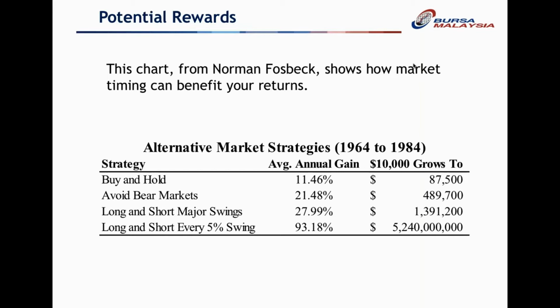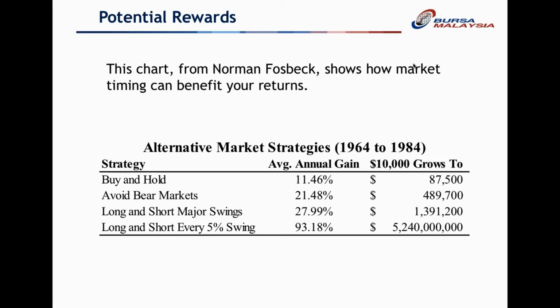If you can understand the charts even better, you can long and short major swings in the market, and make about 28% per annum. And if you are an expert at understanding small changes in the market through the charts, you can long and short every 5% swing, the minor swings, and your average gain per year is about 93%. That is a whopping high percentage.